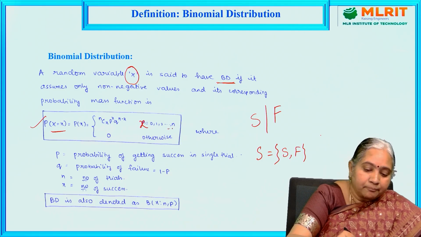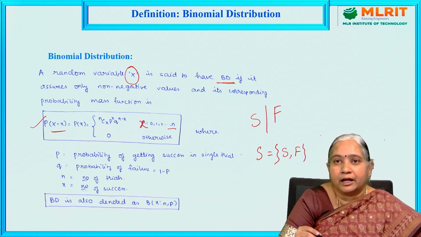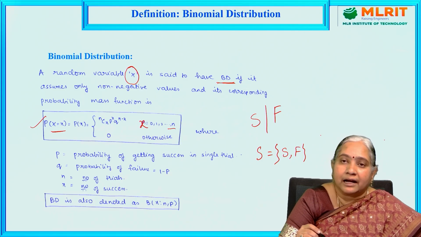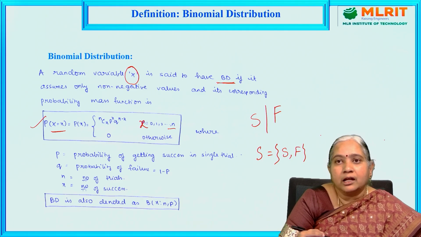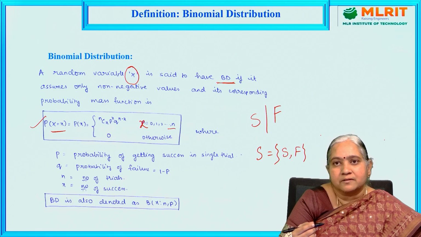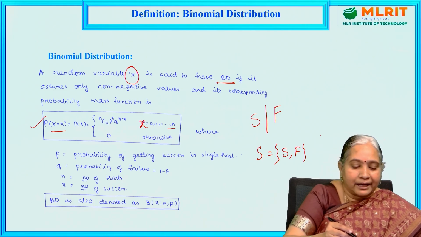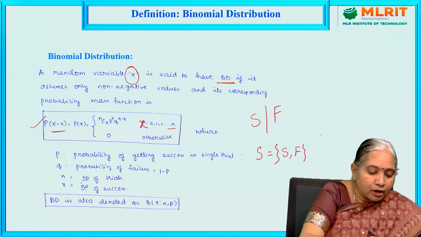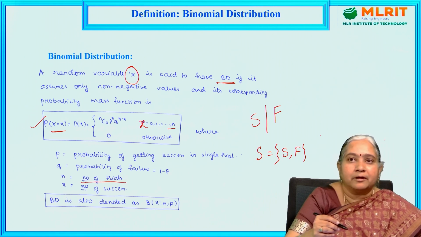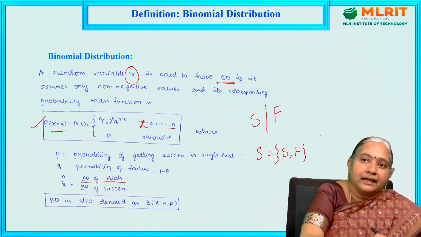What is n? n is the number of times the random experiment is performed. Suppose a coin is tossed 6 times. So the random experiment is performed 6 times, so n equal to 6.